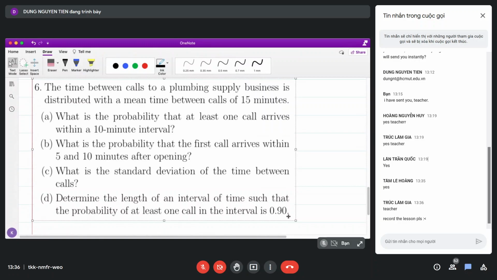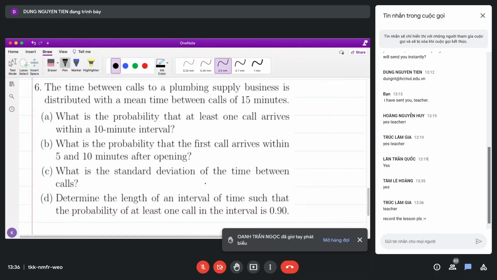What is the probability that the first call arrives within 5 to 10 minutes after opening? What is the standard deviation of the time between calls? Then determine the length of an interval of time such that the probability of at least one call in the interval is 90%. Please think about that for a minute and type in the answer.